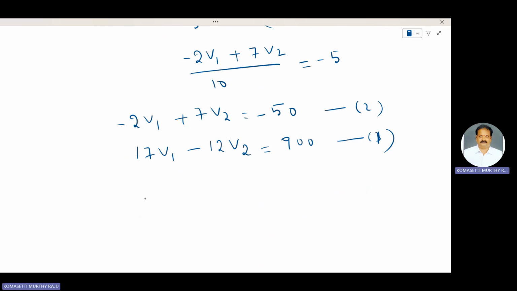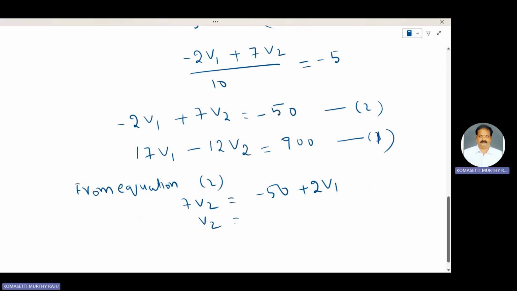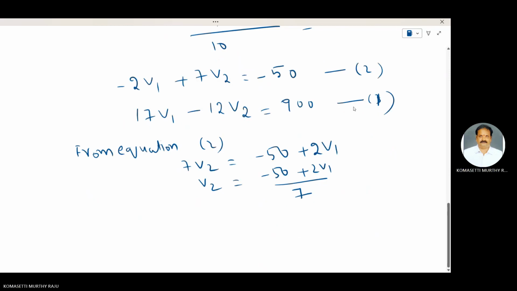From equation 2, 7 V2 is equal to minus 50 plus 2 V1. V2 is equal to (minus 50 plus 2 V1) by 7. This one is equation 3.